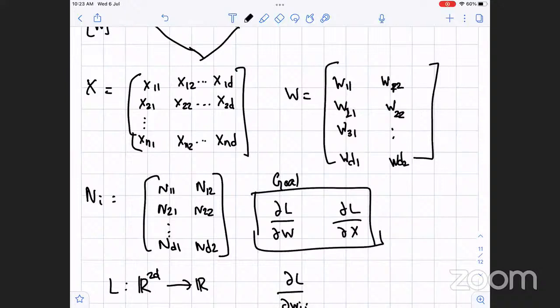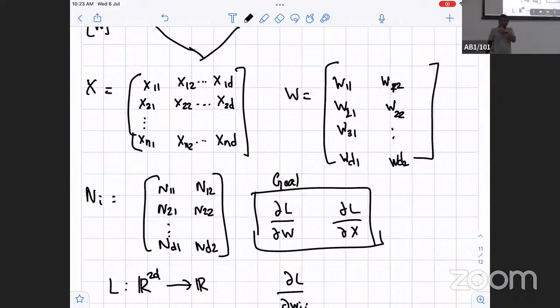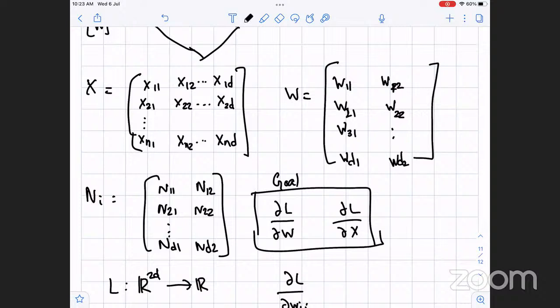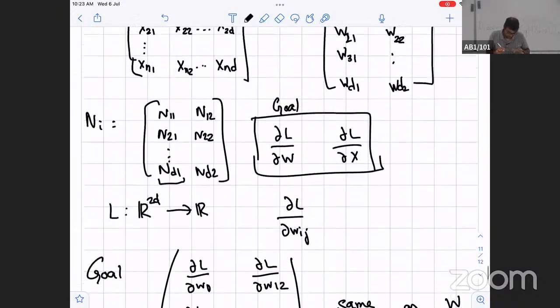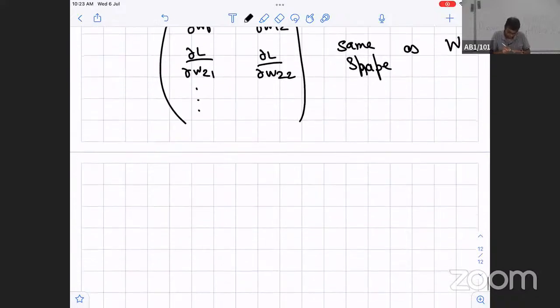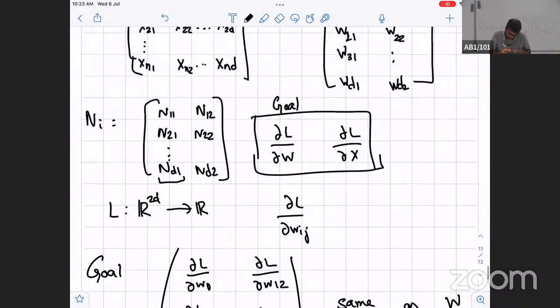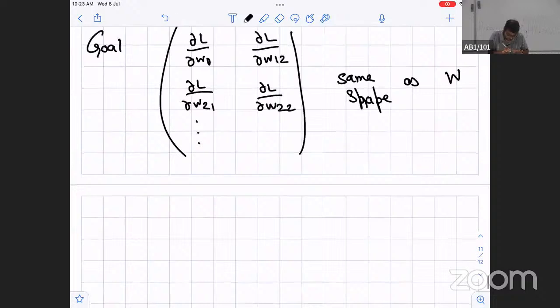I have only N11, N12, and so on. The first row, first column. Yeah. So it will change all of these columns. Essentially, I'm changing W11 and I'll end up changing all of these columns.